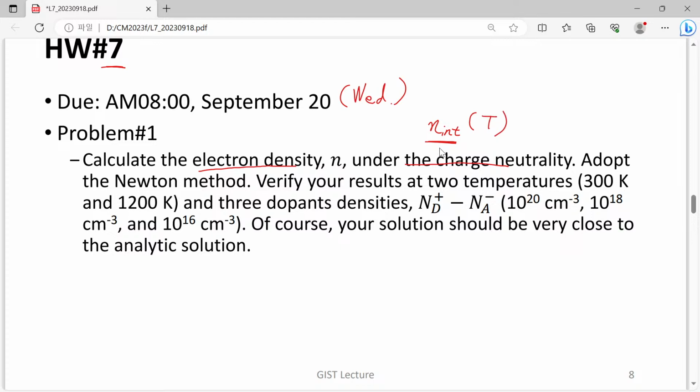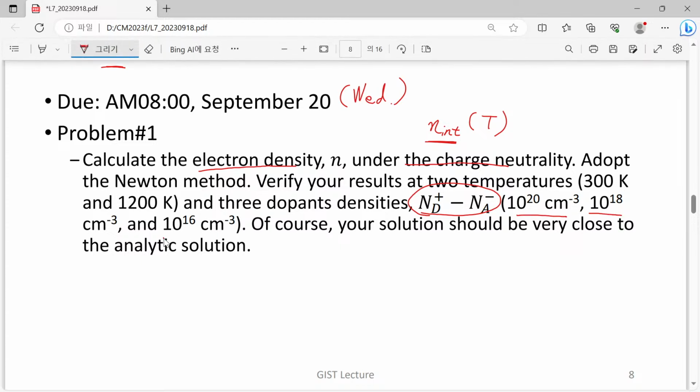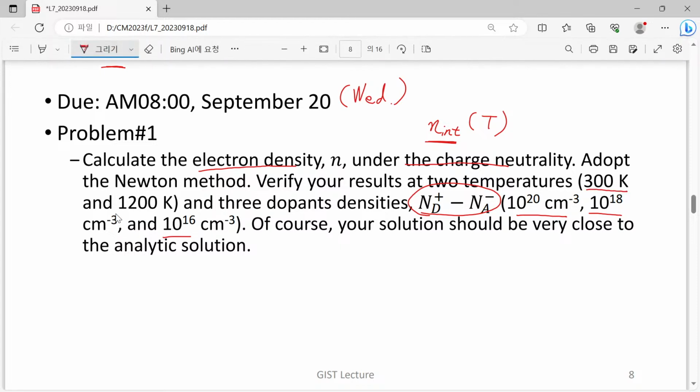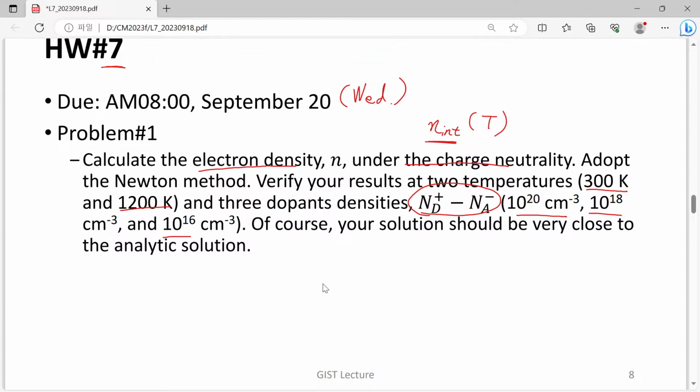So please use this expression and consider 3 different doping concentrations: 10 to the 20, 10 to the 18, and 10 to the 16 per cubic centimeter, and 2 different temperatures. Of course, this is a simple equation. You have a quadratic equation and the coefficients are given.